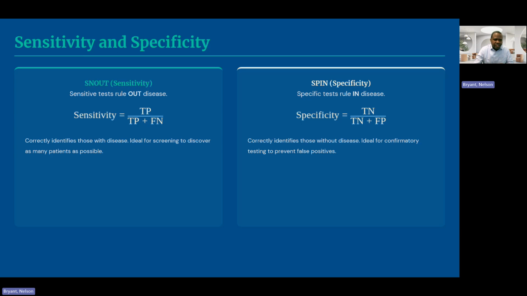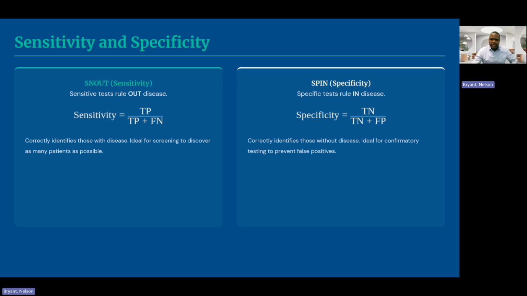Same for sensitivity and specificity. How are they different? So, for example, a highly sensitive test correctly identifies patients with disease. So, use the mnemonic SNOUT, which is already here.